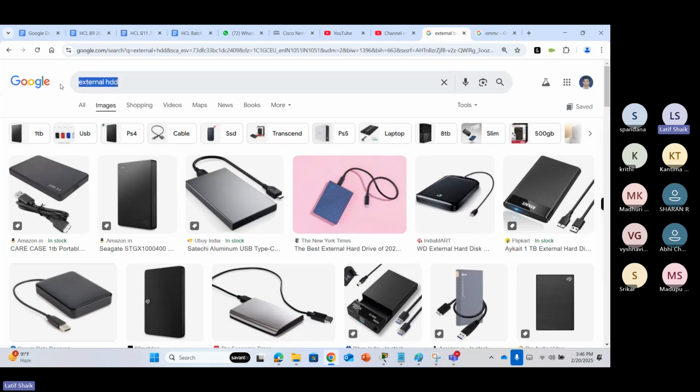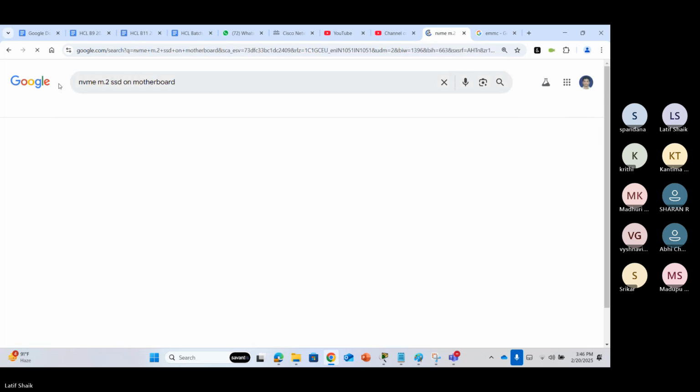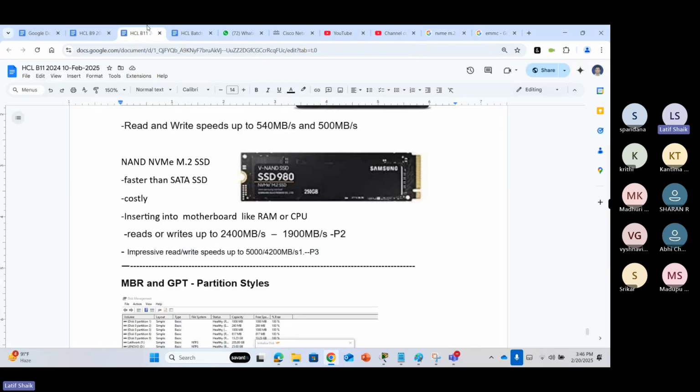We can try. Like this, see, these M.2 interface ones can be inserted directly on the motherboard, so automatically the speed also increases.